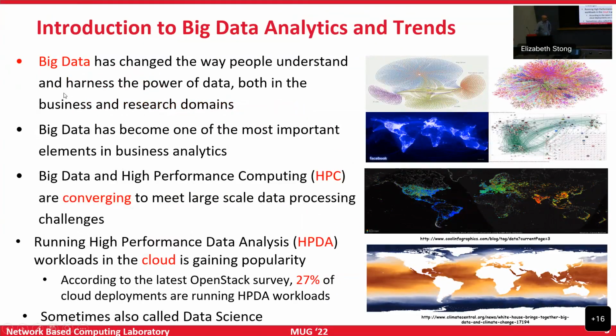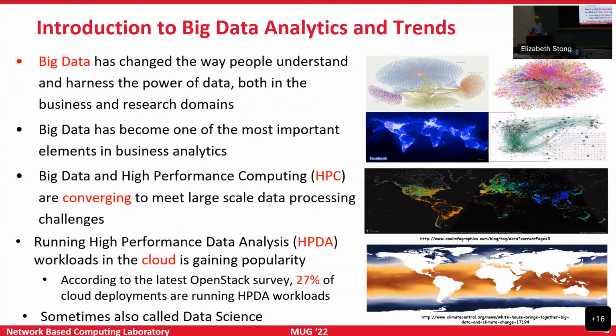I think I don't need to motivate this slide, but one of the important workloads that has emerged is big data analytics. And so our focus essentially has been: is it possible to utilize the same communication or computation infrastructure for big data and HPC workloads? We have invested a lot of effort, time, money, and resources on developing the MVAPICH2 software.